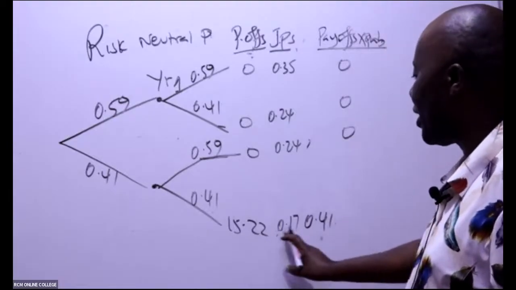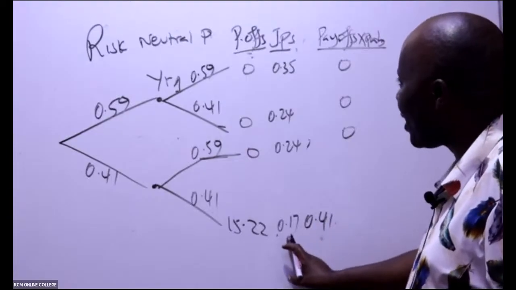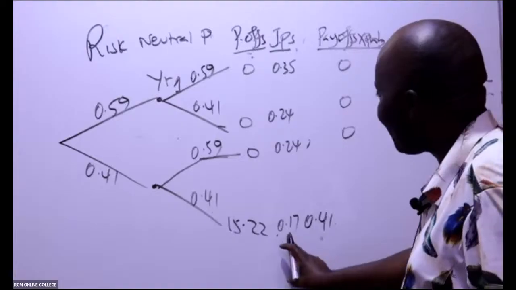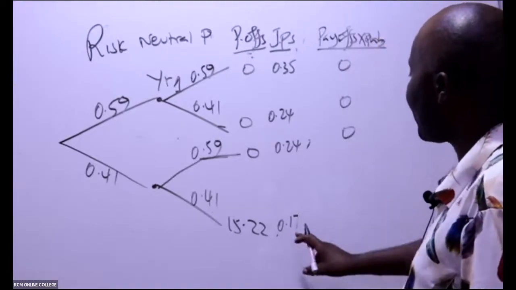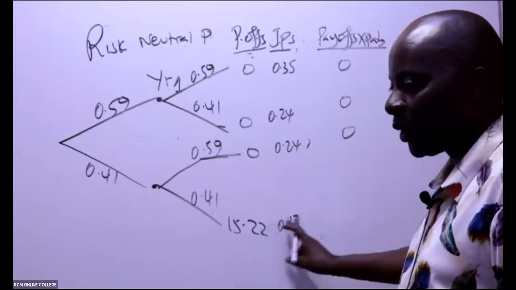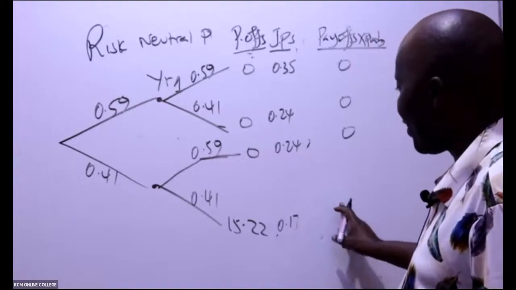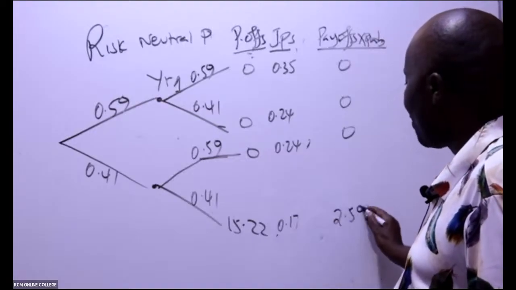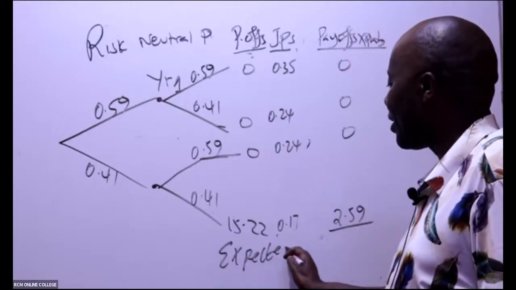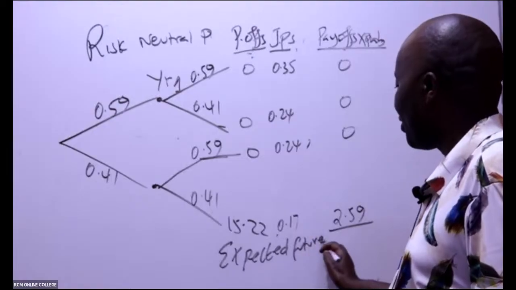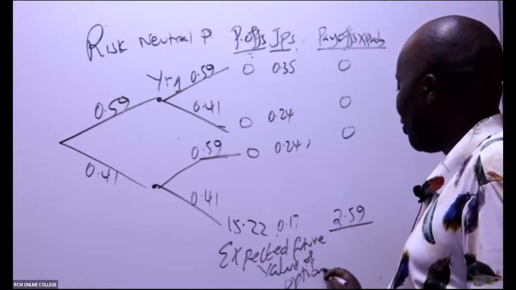This is 0.17, I think I confused here. So it is 0.17 times 15.22. What are we supposed to be getting? 2.59. So then what is the expected future value of the option? You add everything.